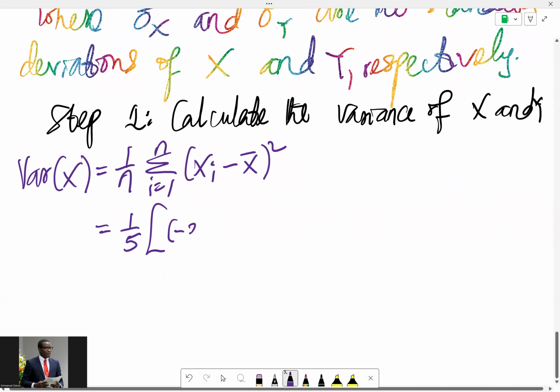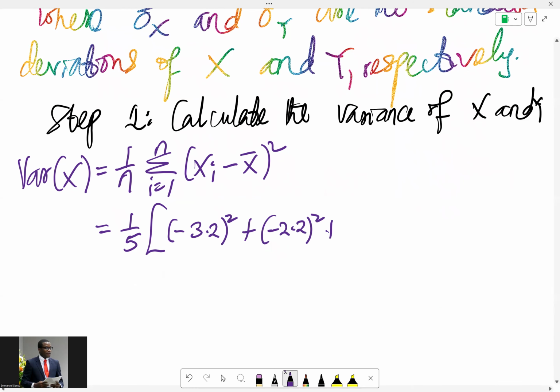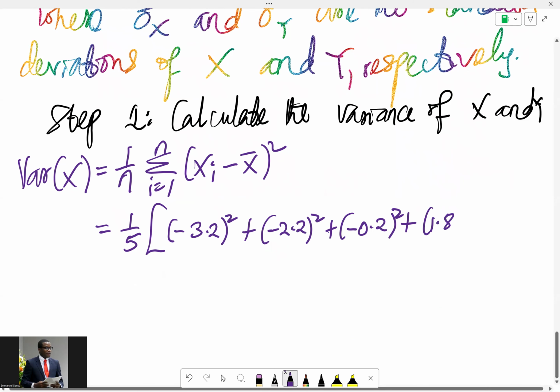So that's minus 3.2 squared plus minus 2.2 squared plus minus 0.2 squared plus 1.8 squared, then 3.8 squared. We square each term and sum together.